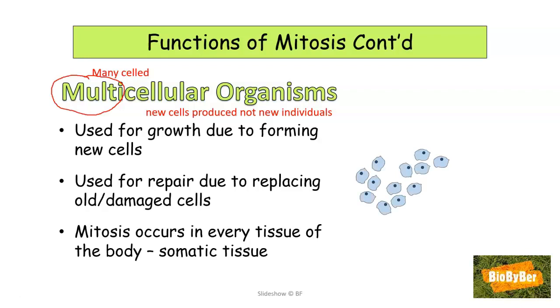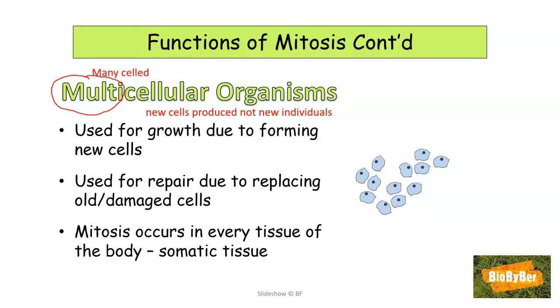Mitosis is also used for repair in multicellular organisms. You might recall from the section on skin that our skin cells are constantly dying and falling off us. There's a new you every 3 weeks. These cells have to be replaced. So mitosis plays a part in the replacement of old and damaged cells.